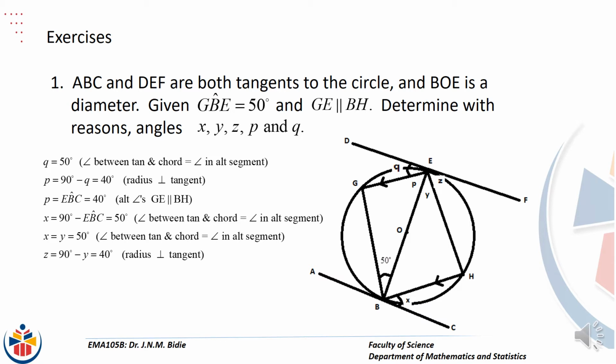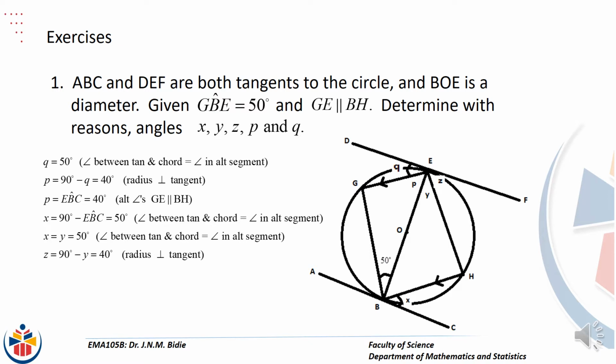We start with exercises based on all the previous theorems that we've done all the way to cyclic quadrilaterals. The first exercise, we are given A, B, C, and D, F as tangents to the circle.